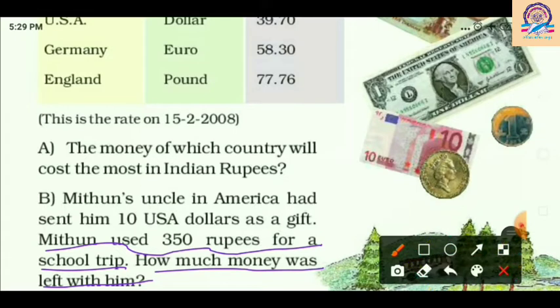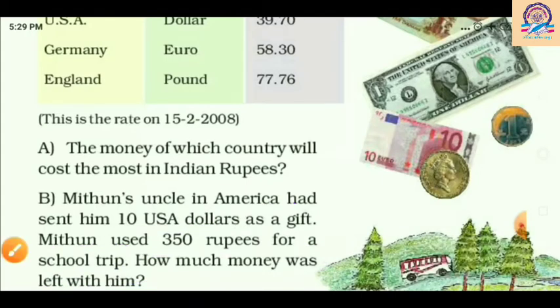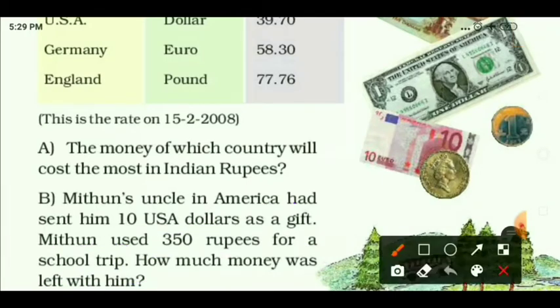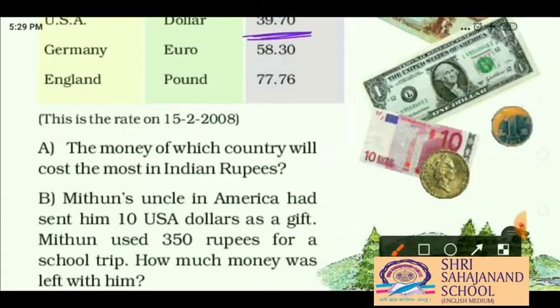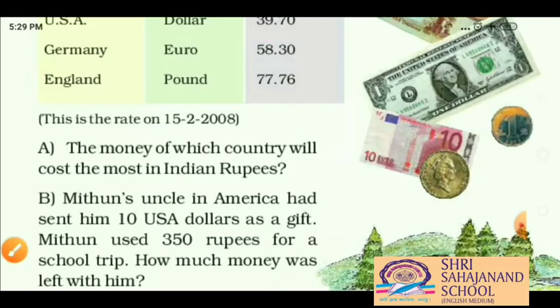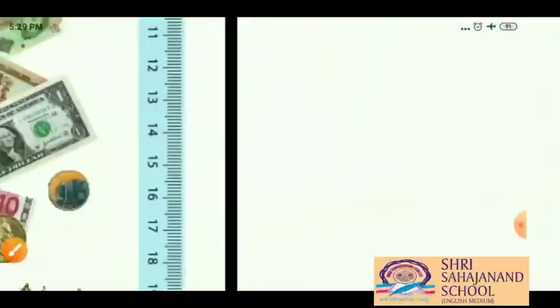So dear friends, first you have to understand how many American dollars there are. Here are 10 USA dollars, and 1 USA dollar makes 39.70 rupees. Then he also used 350 rupees for his school trip. So now let's make a solution.